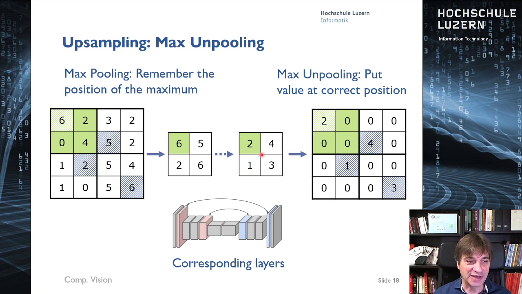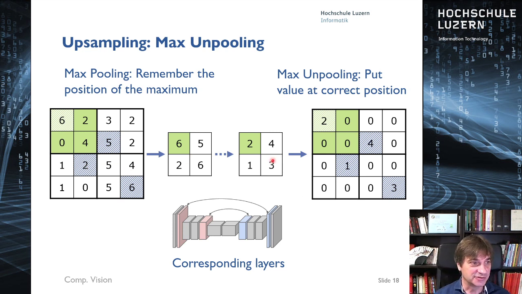You will have different values here, because whatever the network calculated for those values, but now you will put the value at the same position where you took the maximum in the first place. So the 2 here will go here, and the 4 will go at this position because in the max pooling layer you took the 5 from this position here. Same as the other ones, the 6 here and the 2 here.